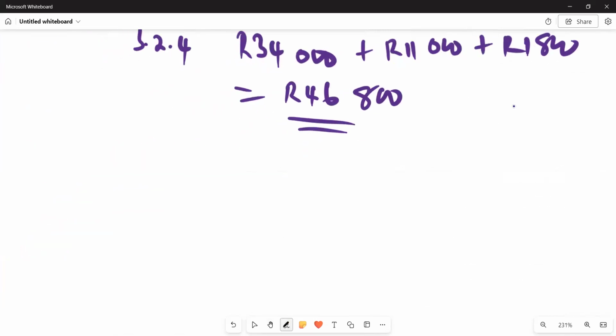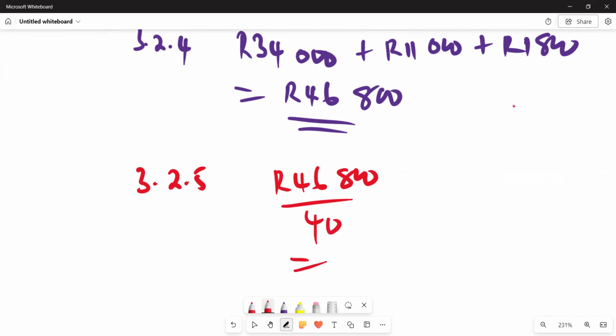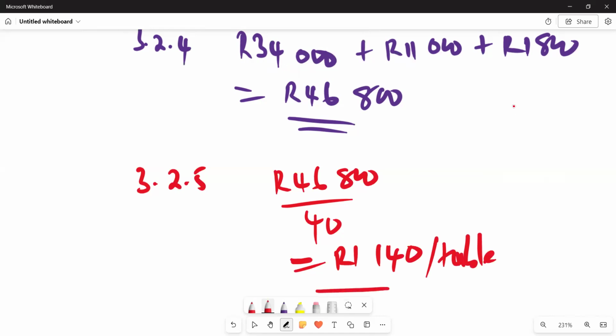So for 3.2.5 we say 46,800 divided by 40 tables, and the answer is 1,140 per table.